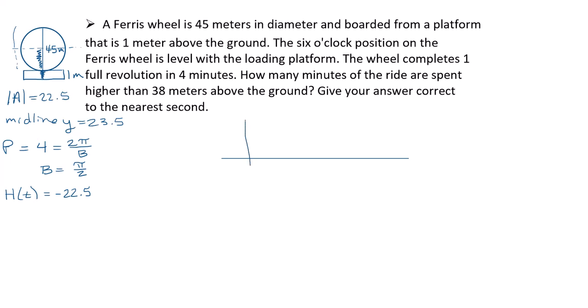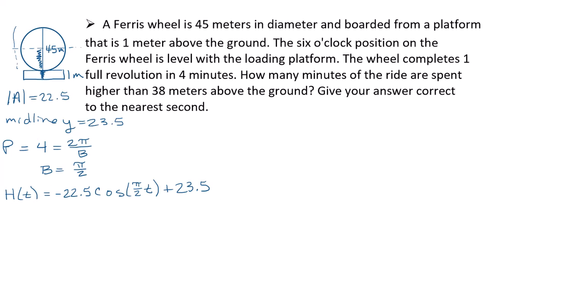I want my height to be starting at the lowest at 1, and then go up from there, so I'm going to be using a cosine function. It's going to require a reflection, so I know my a is negative 22.5. Cosine of pi over 2 t, and shifting it up 23.5 so that we can get to that midline.